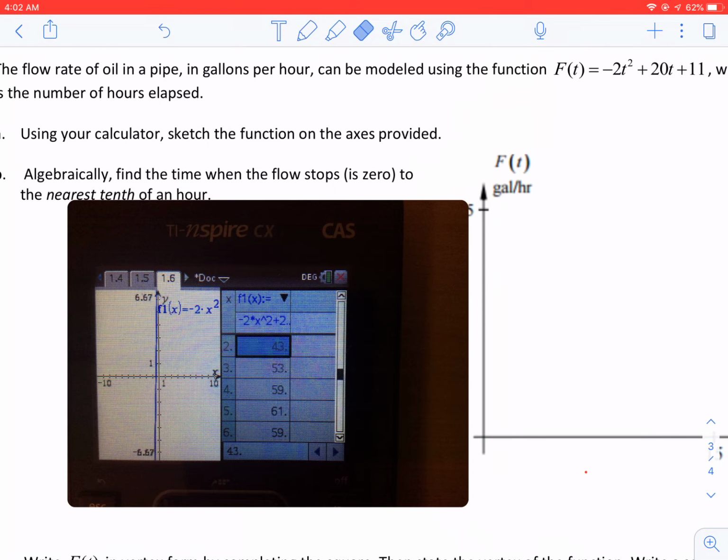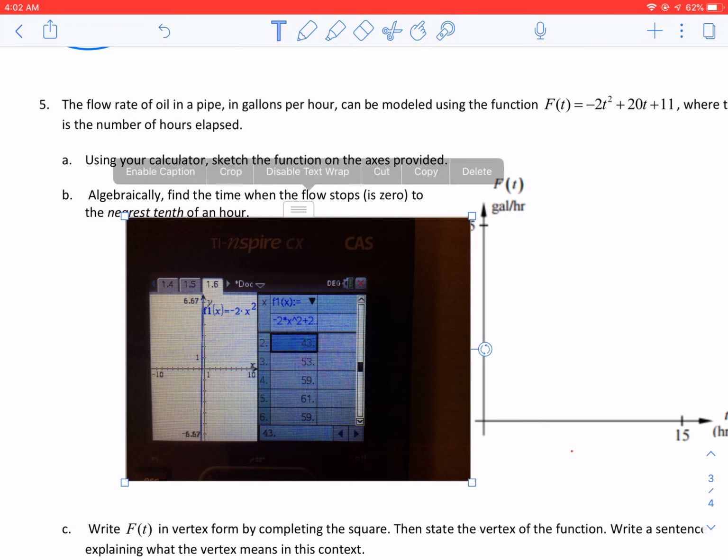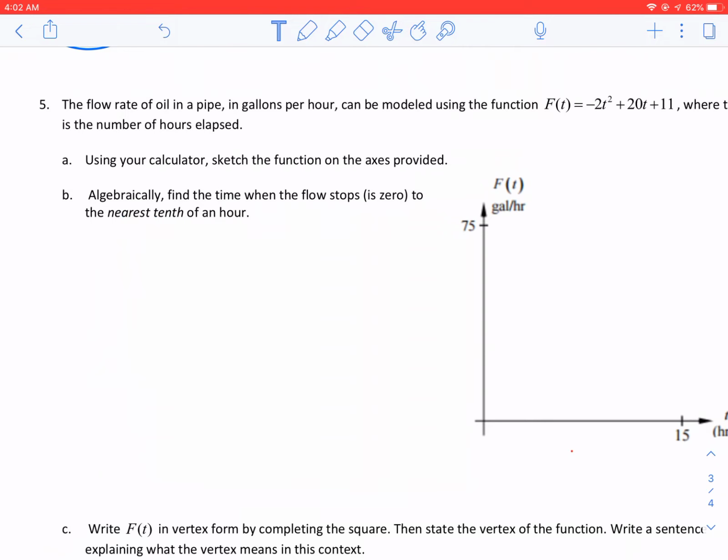Otherwise you can adjust the window, but we haven't really talked about it. But I can talk you through the steps a little. If you go to menu and you go to choice 4, which is window, and you go to window settings, you'll see an X min value and an X max value.